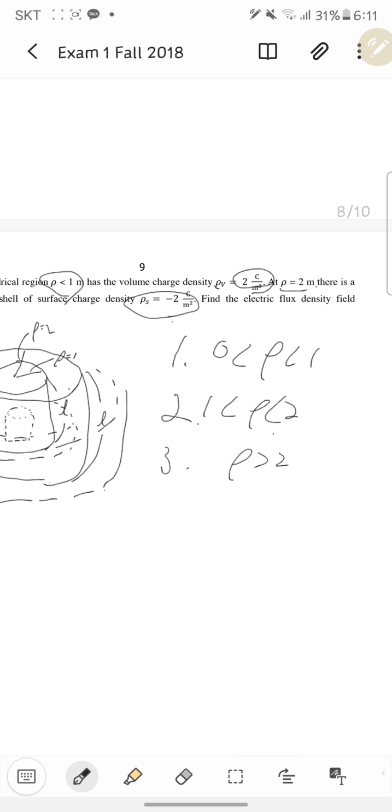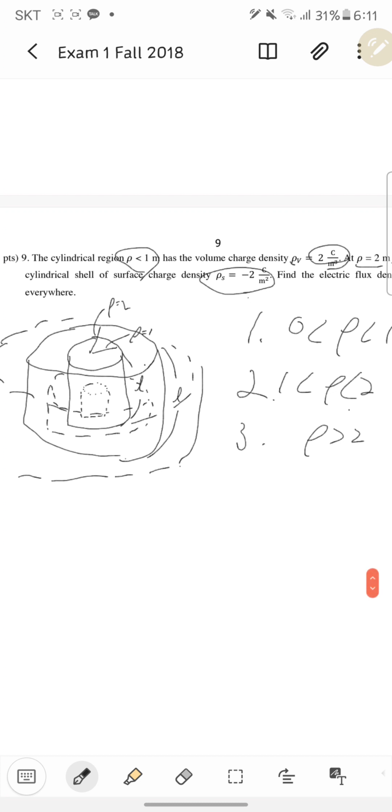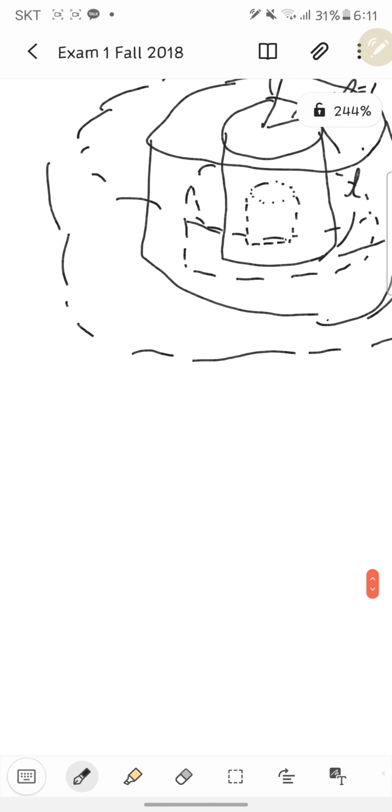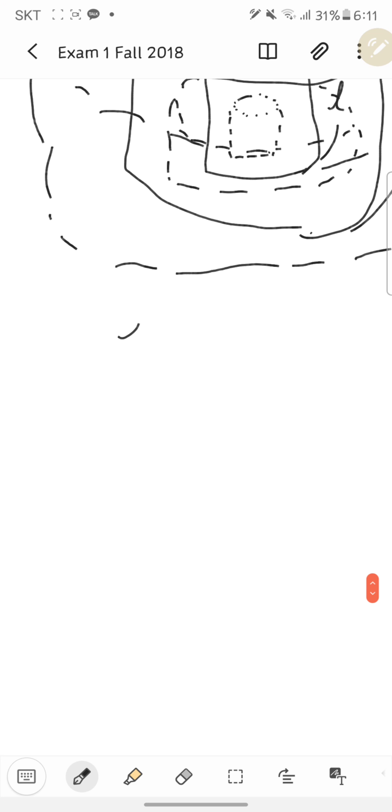Okay, so we're gonna try from case 1, when rho is less than 1 and bigger than 0. So we all know the Gaussian law here. This equals the charge enclosed, and that is just volume charge density times volume differential.